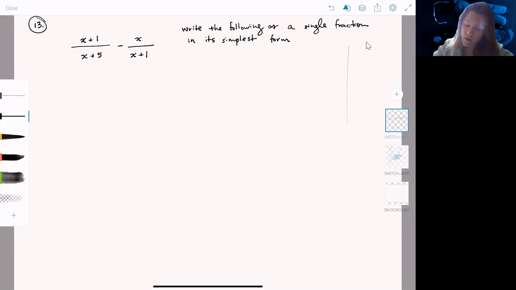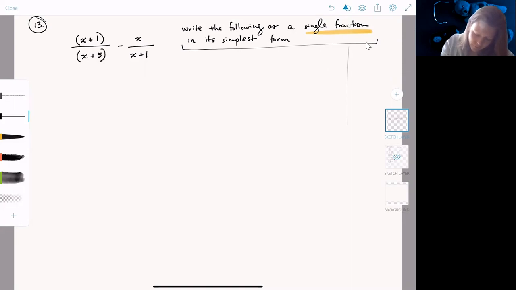So the directions say write the following as a single fraction, as a single fraction in its simplest form. So here we are adding and subtracting fractions. Now, if you remember, I cannot take these two terms and cancel them out because both terms are married, right?